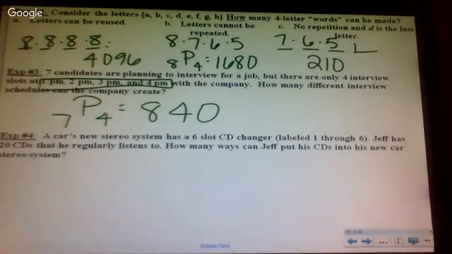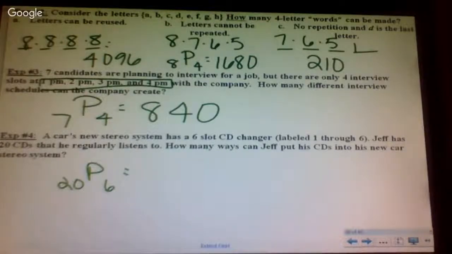A car's new stereo has a 6-slot CD changer labeled 1 through 6. Jeff has 20 CDs that he regularly listens to. How many ways can Jeff put his CDs into his new car stereo system? What does this look like as a permutation? 20 P 6. Another way to look at it, your biggest number should always be on the outside.